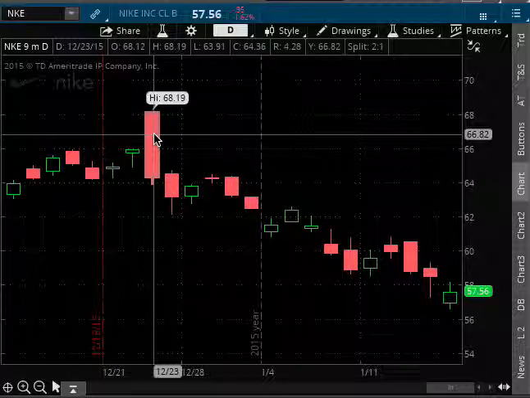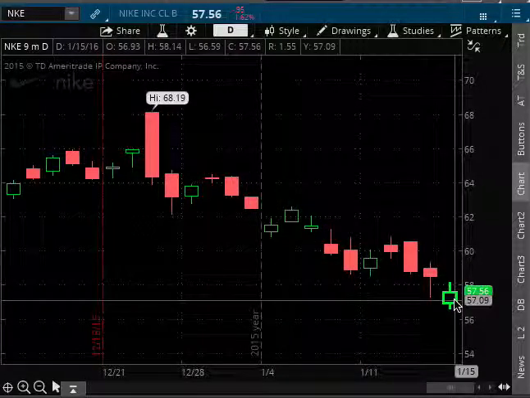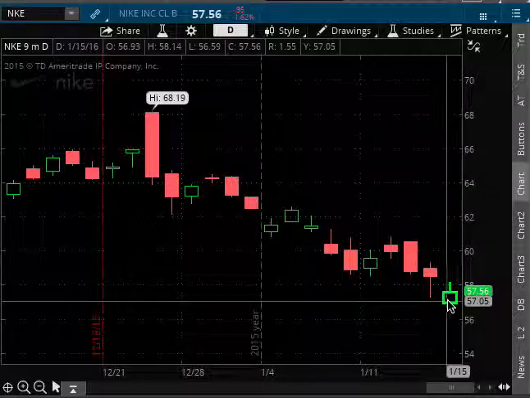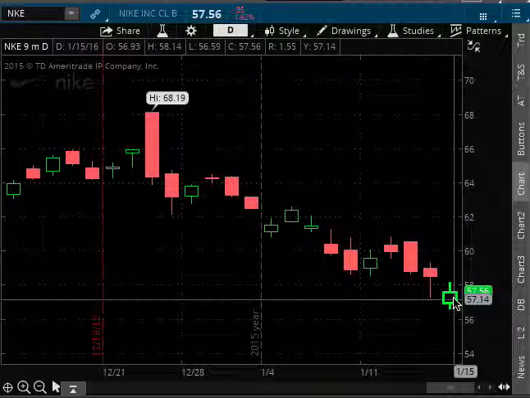Now this is 1/15. If you look at the close, which is right here, on the 15th, we closed at $57.56. That means Nike went down almost $10 and some change in a matter of about 2 or 3 weeks, which is not too good for Nike.